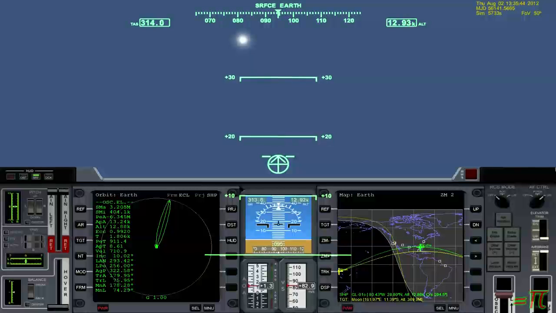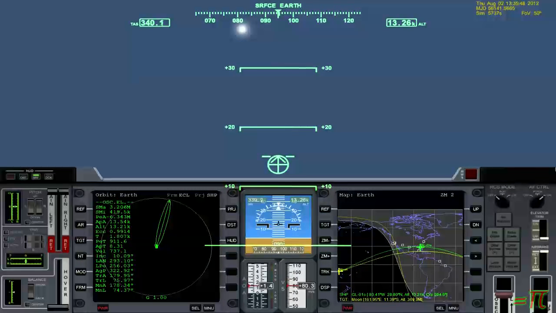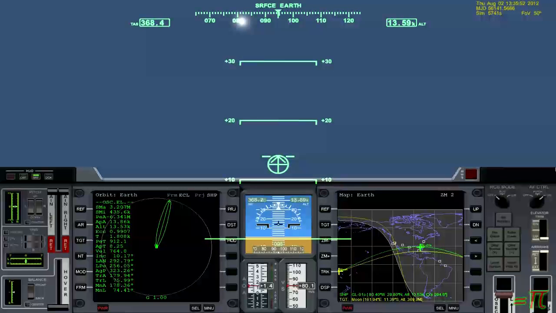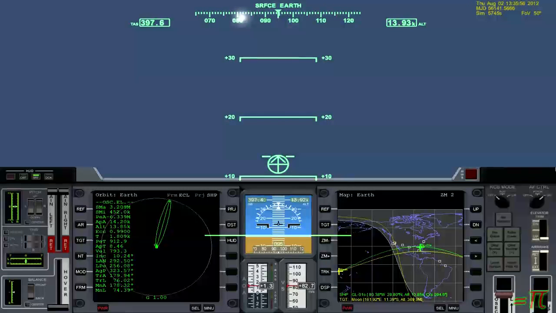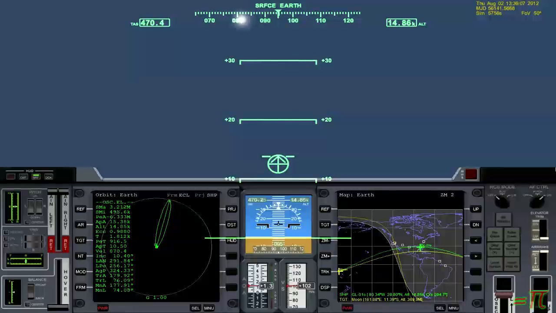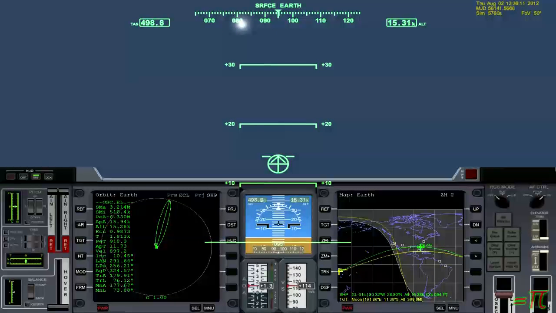Throttle up the main engines all the way. I'd use time compression to speed this up, but with the engines running, that's a really bad idea, because you'd totally lose control of the ship. And I know that because I've done it.